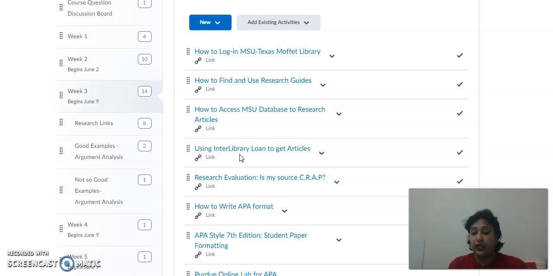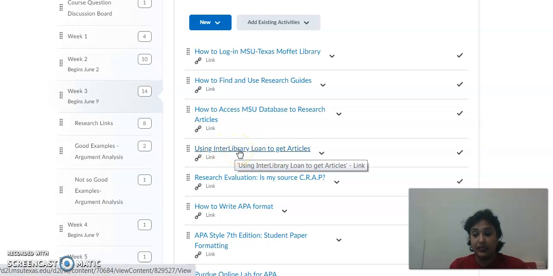You get an email that says the article is available. You click on the email, log in, and then you can access it. You need to give interlibrary loan at least 2 to 3 days. So do your research early on in the week so that you have the articles that you're looking for.